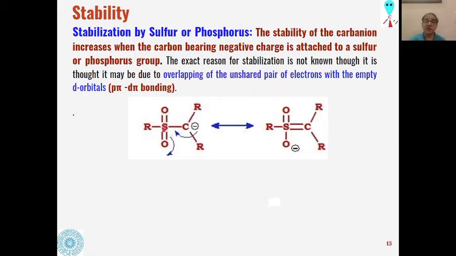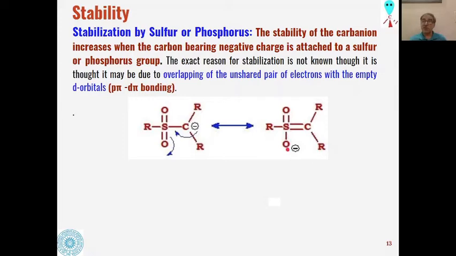Electrons from the d orbitals of the sulfur or phosphorus and the p electrons of the carbanion can undergo overlapping, which is called p pi d pi bonding, and because of this, extra stability is given to the carbanion by the presence of these sulfur or phosphorus atoms at the adjacent position.